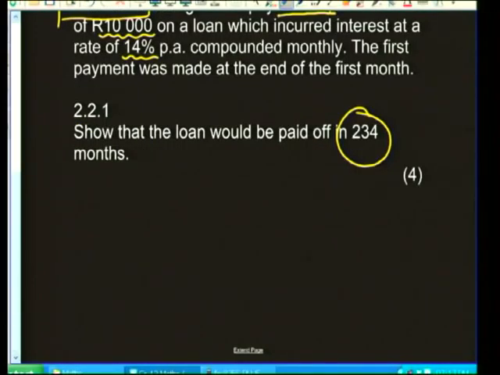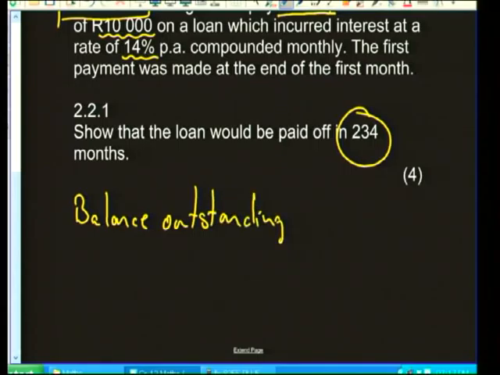Okay, so if we have our balance outstanding, whoops, my spelling has gone for a second there. Our balance outstanding, how do we work that out?